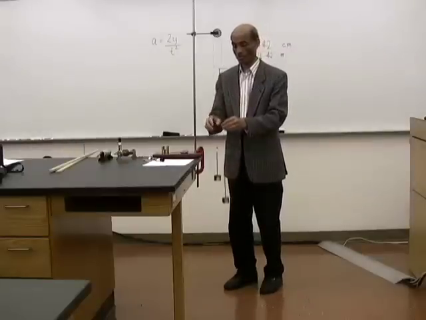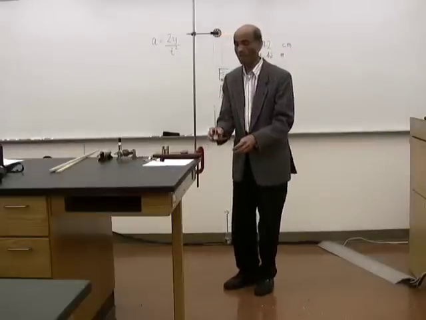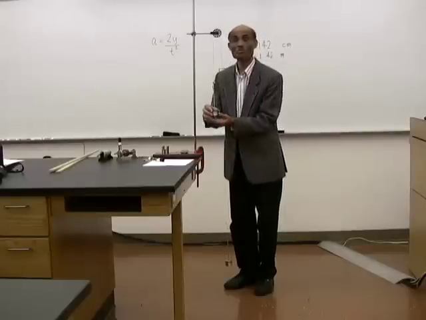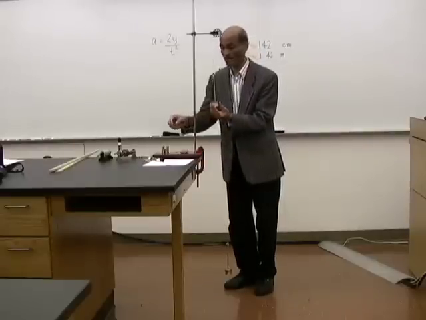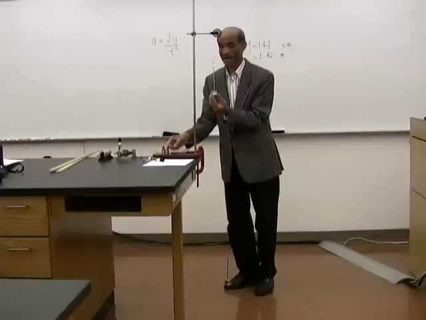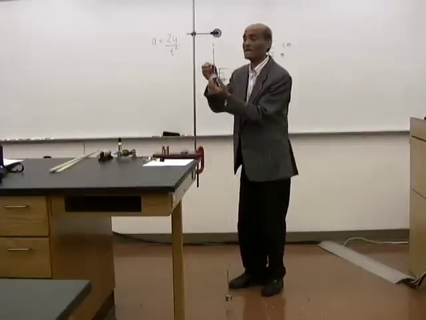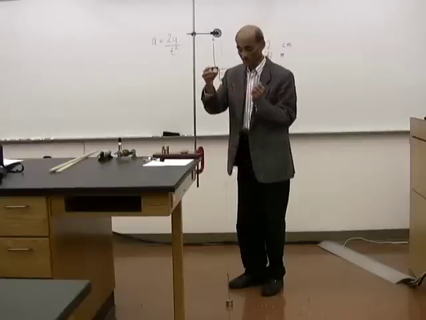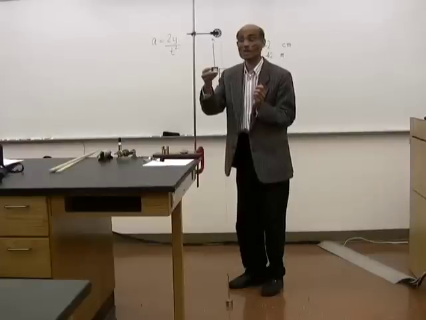So once again, my M1 is 0.25 kilogram, M2 is 0.25 kilogram, and my MF is 1 gram. I'm now going to add a 10 gram to M2 to create the net force. The net force is always a constant.